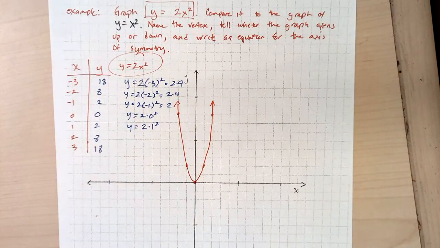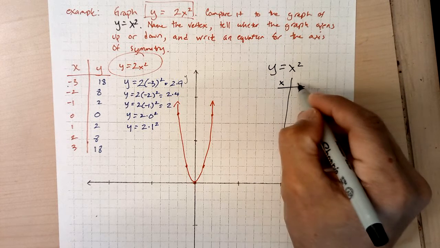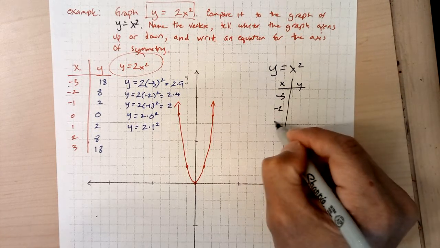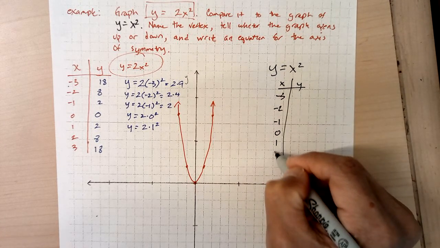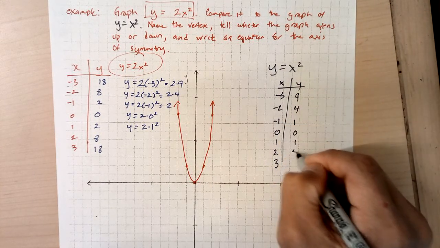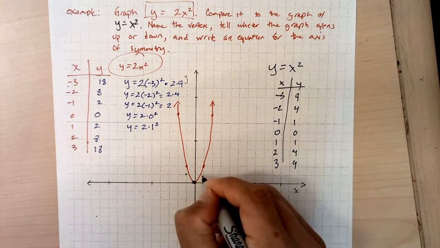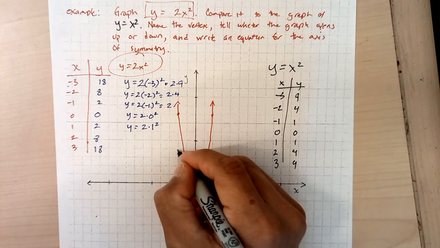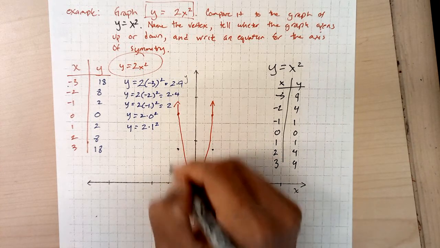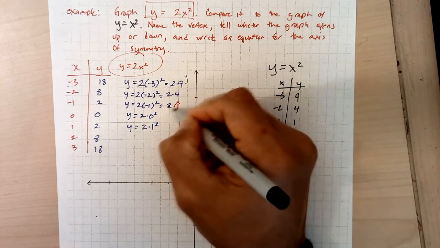Since we want to compare it to y equals x squared, if you remember, for y equals x squared our table looked like this. X, Y, -3, -2, -1, 0, 1, 2, and 3. I did the work earlier: 9, 4, 1, 0, 1, 4, and 9. But I'm going to graph all those points. 2, 4, -2, 4, and then I could actually fit 3, 9 on the graph and -3, 9.